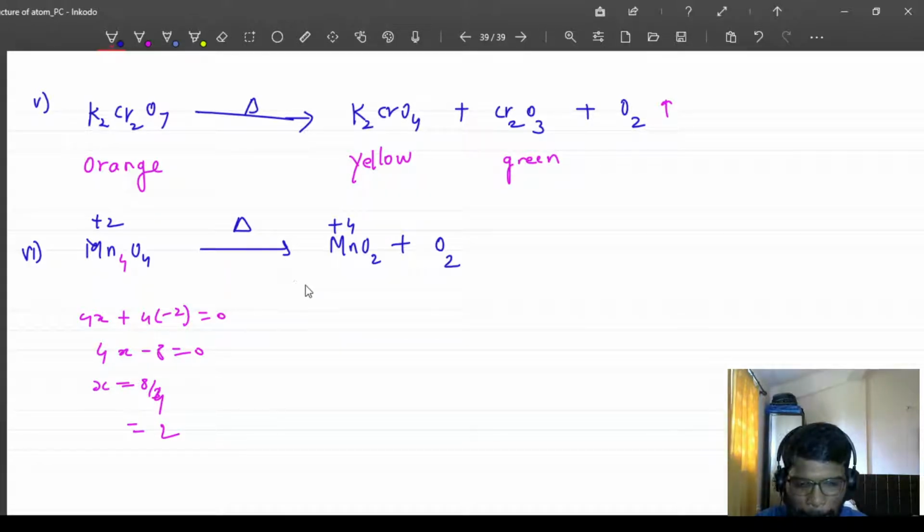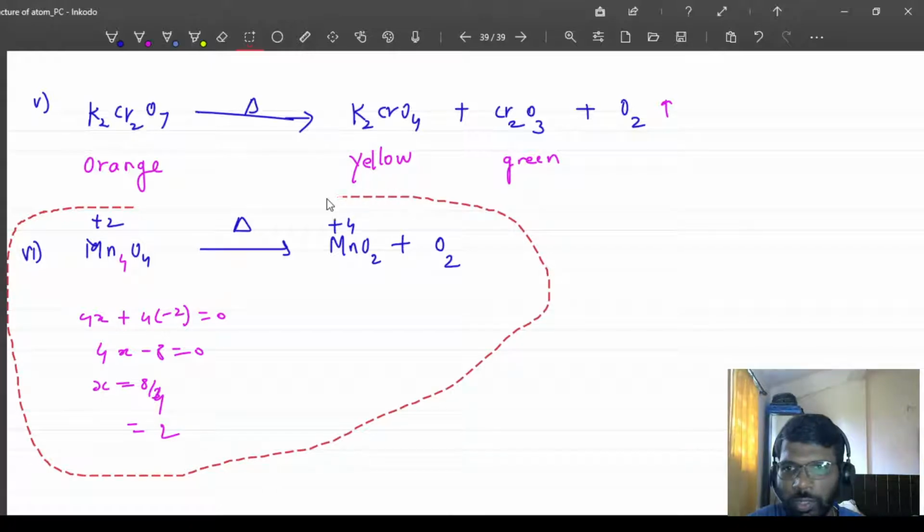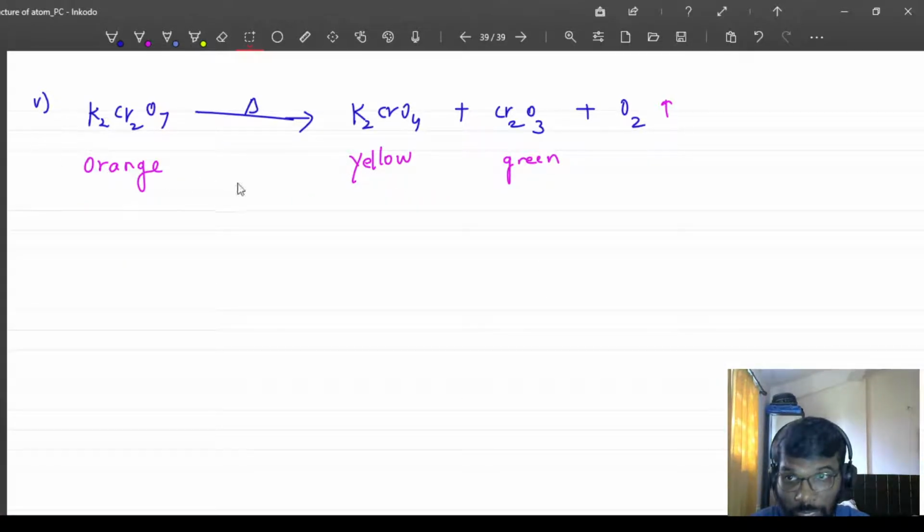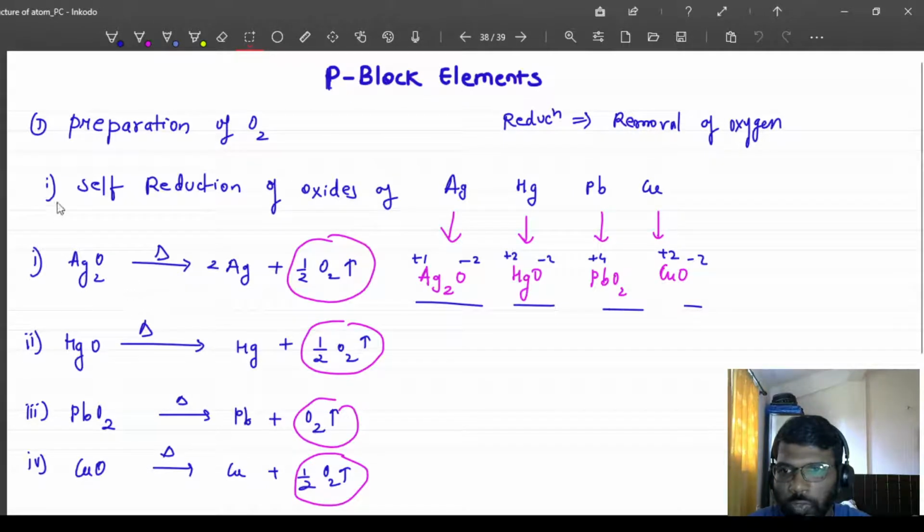What I'll do is, I'm not sure with this reaction. I'll explain this in a next or some other video. Please excuse me for this. I'm just not sure about the oxidation states and all. So these are the important reactions we have to do. In the previous reactions also, if you check, the oxidation state of the elements is changing to zero, which means they are getting reduced.